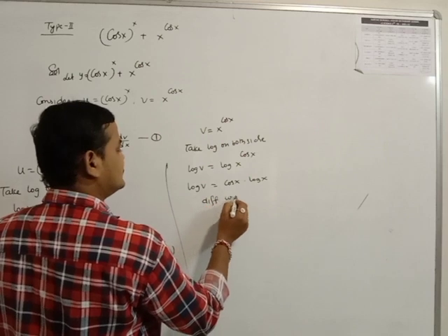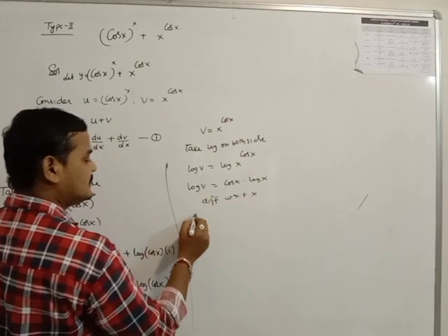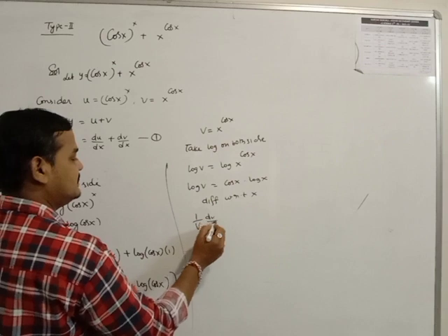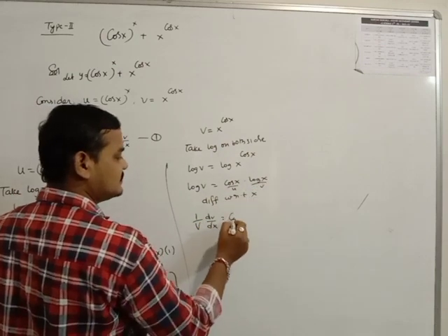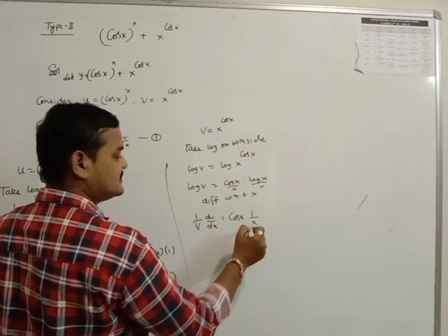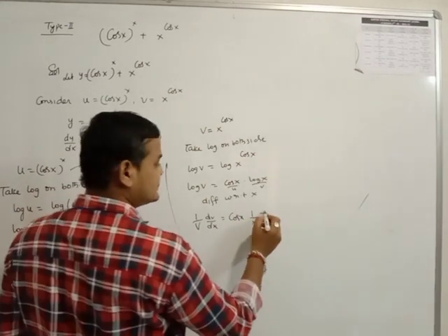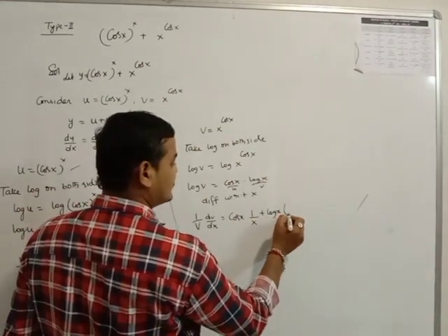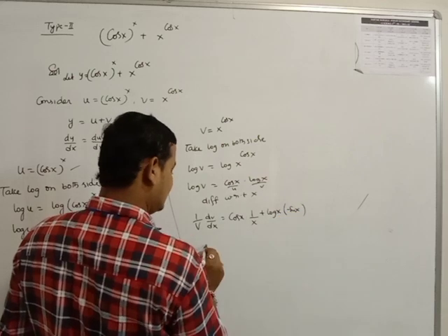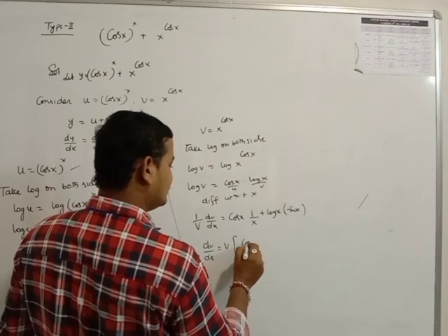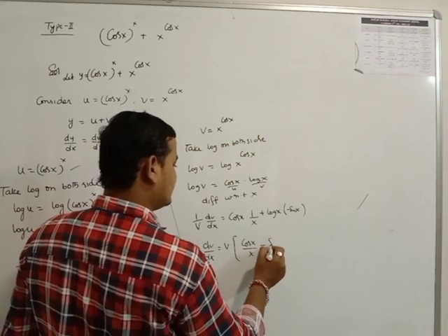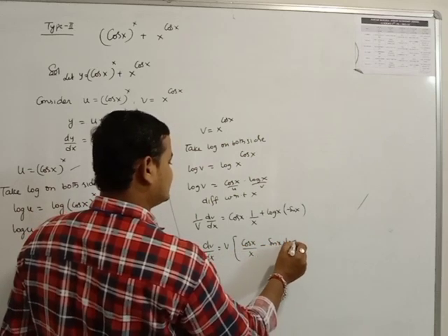Differentiate with respect to x. Derivative of log v is 1 by v dv by dx is equal to cos x into derivative of log x, which is 1 by x, plus log x into derivative of cos x, which is minus sin x. So you get dv by dx is equal to v into cos x by x minus sin x into log x.